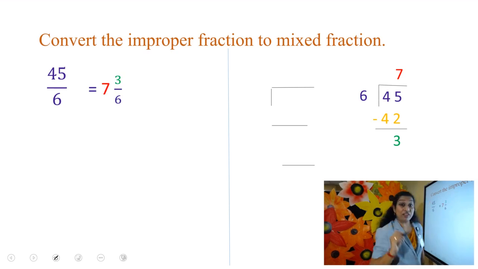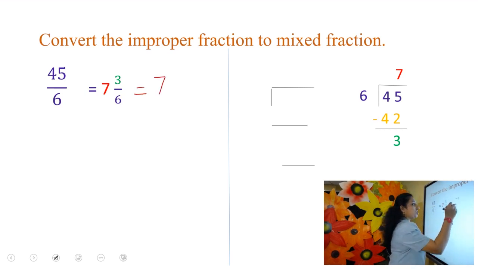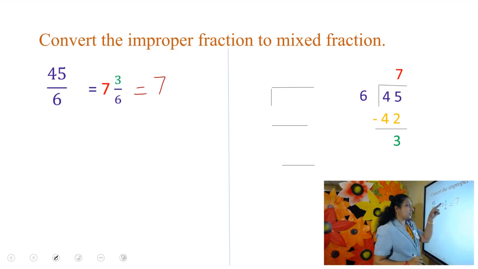Again, you have learned equivalent fractions, isn't it? So we can convert it. This can be written as whole number, no change. Again, 3 and 6, there are common factors. Both are multiples of 3. So how will you write it? 3 can be written as 1 into 3. 6 can be written as 2 into 3. There is a common factor 3. So let's cancel that. What is left?